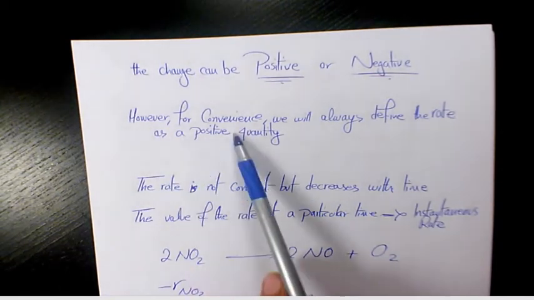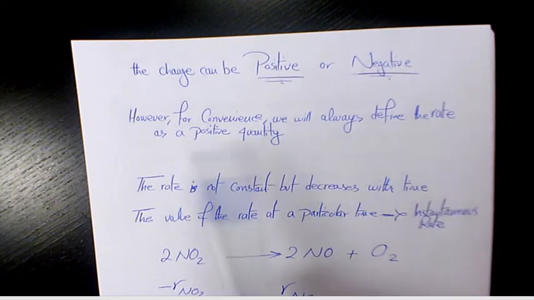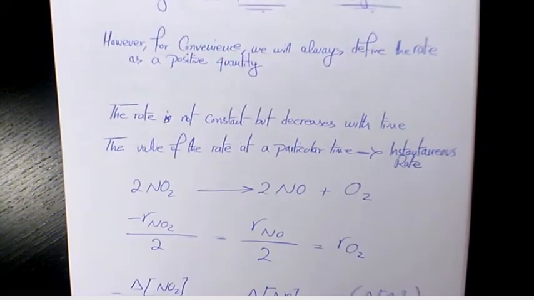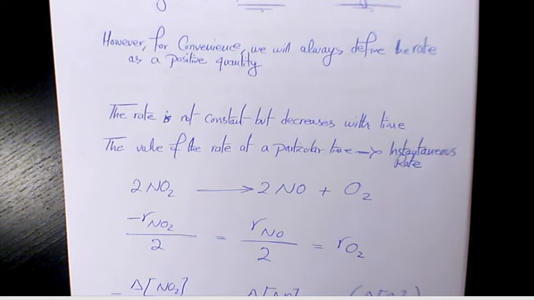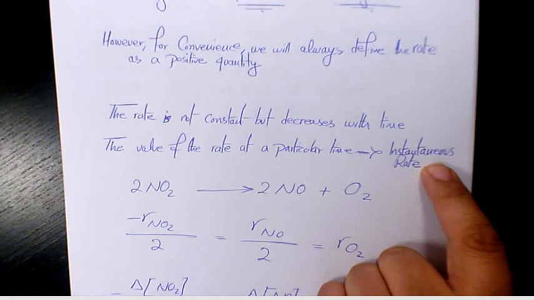So for convenience, we will always define the rate as a positive quantity. The rate is not constant, and the rate of reaction changes with time. So at different times we have different rates of reaction. The value of the rate of reaction at a particular time is called the instantaneous rate.